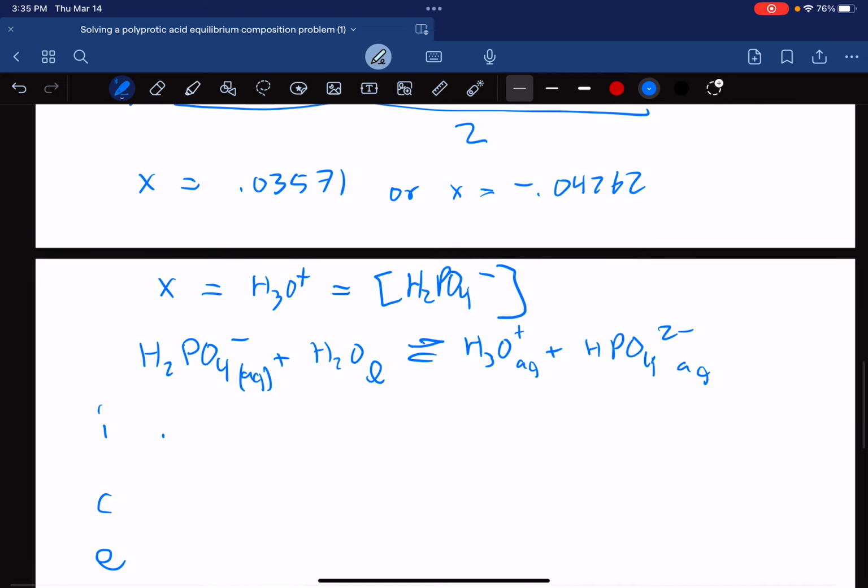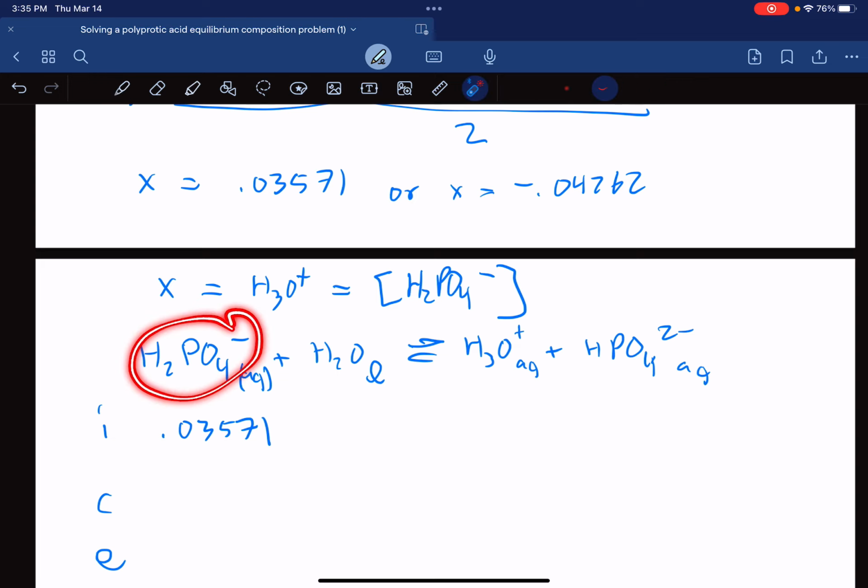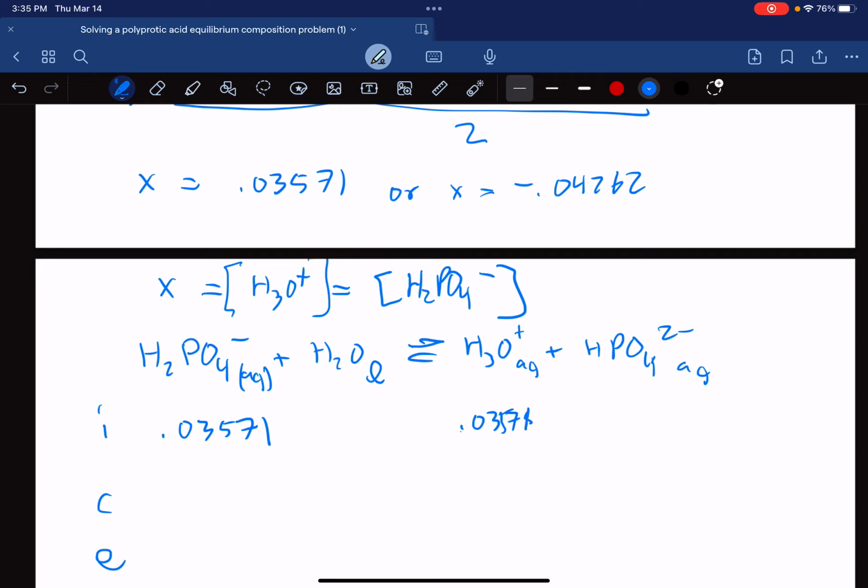So we're going to write 0.03571. But it's not just our starting value for this, it's also our starting value for our H3O plus, because remember, x is equal to, and I didn't put a parenthesis around this, but from the previous problem, it's equal to both H3O plus and H2PO4 minus. So we're going to have 0.03571 here, and here we start off with our 0.